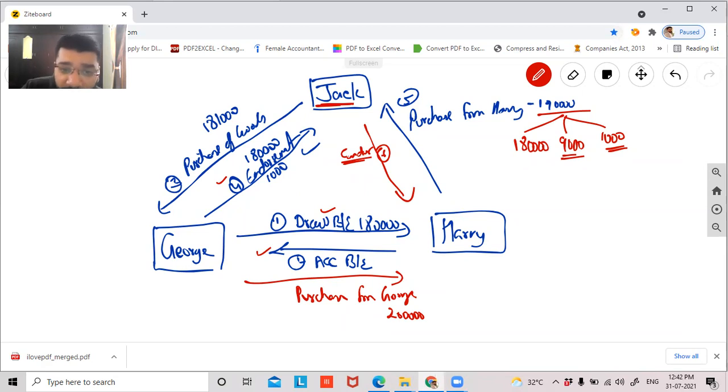In future Harry has to settle this amount, not to the banker. So can I say George has to pay 180 back to Harry? Yes, sir. So now instead of giving you 180, Georgie is giving 2 lakh rupees worth of goods. From this 2 lakh rupees worth of goods, 1,80,000 will be adjusted against the bill accepted by Harry. And can I say the balance 20,000 Harry will have to pay to Georgie?